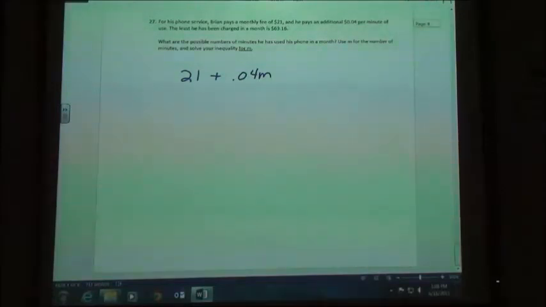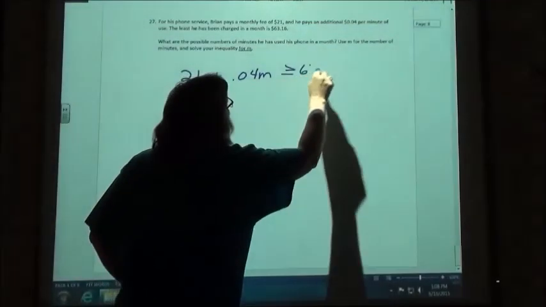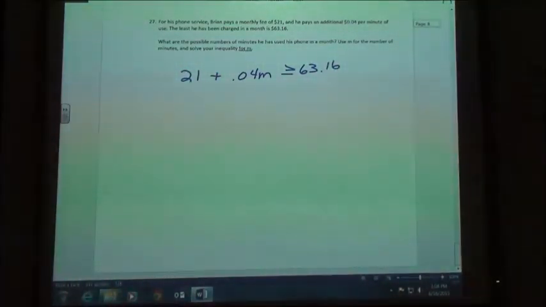So if the least he's been charged is $63.16, that means that's the lowest number, right? So it's going to be greater than or equal to $63.16. So the least is the lowest amount. It could be more than that.